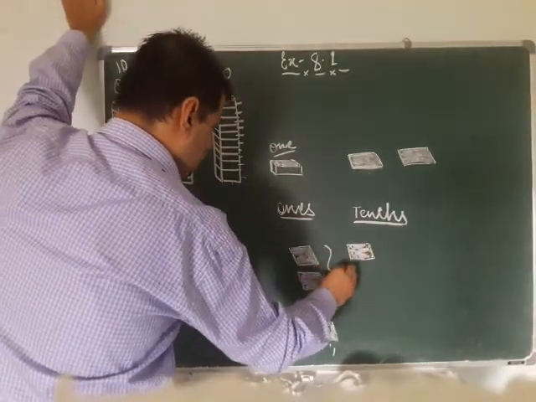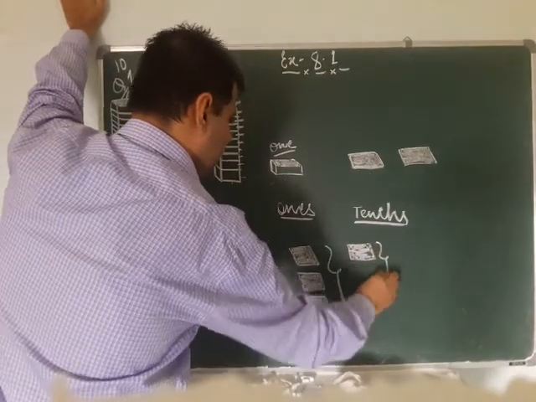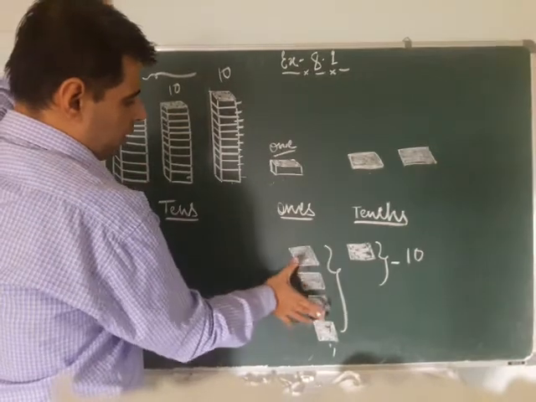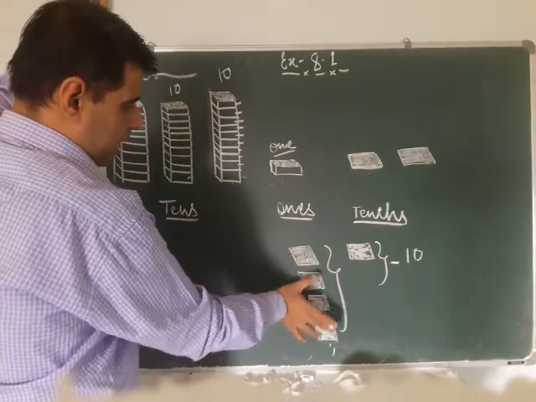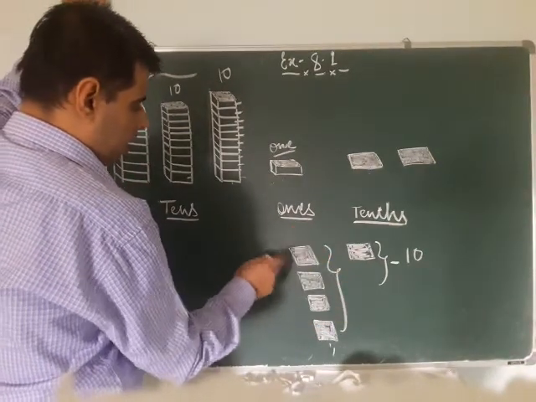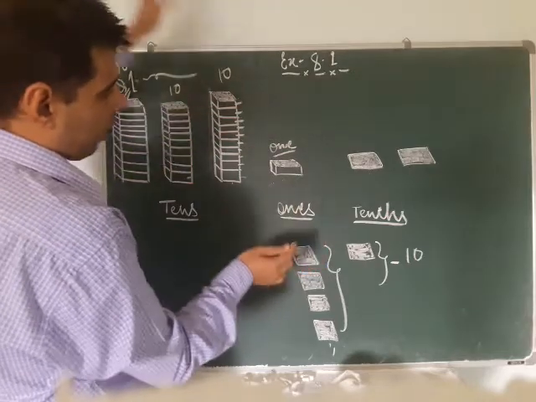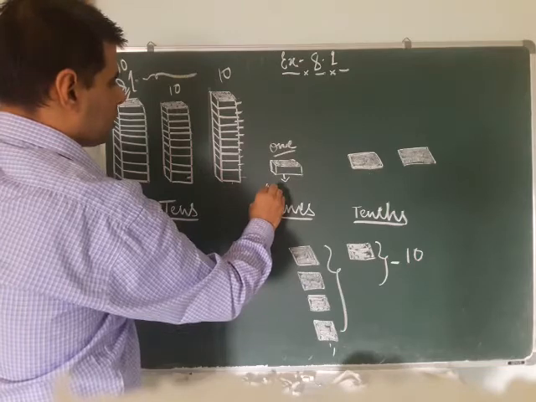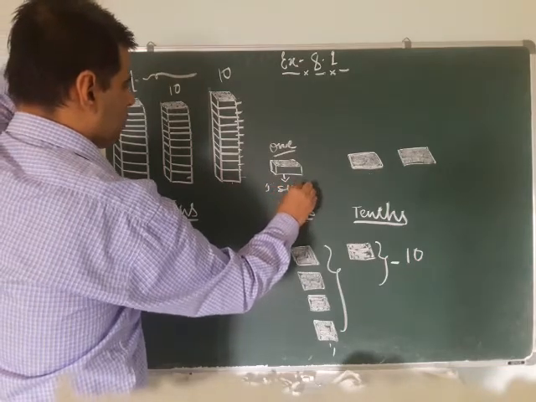Suppose the count of this entity is 10. It means that if we stack all these 10 entities one over another, we will get one single box.